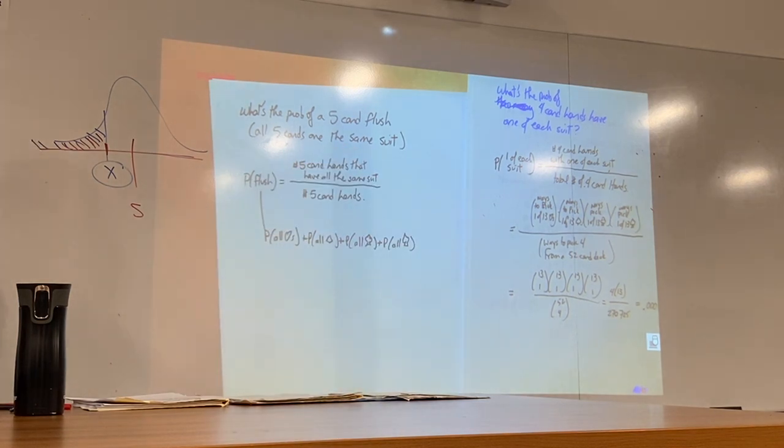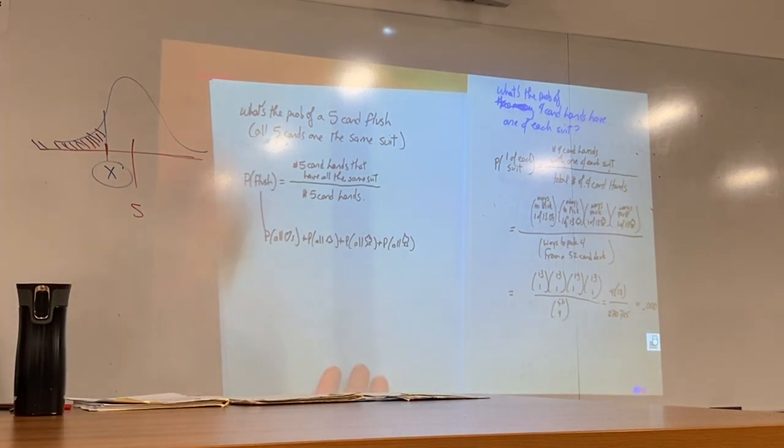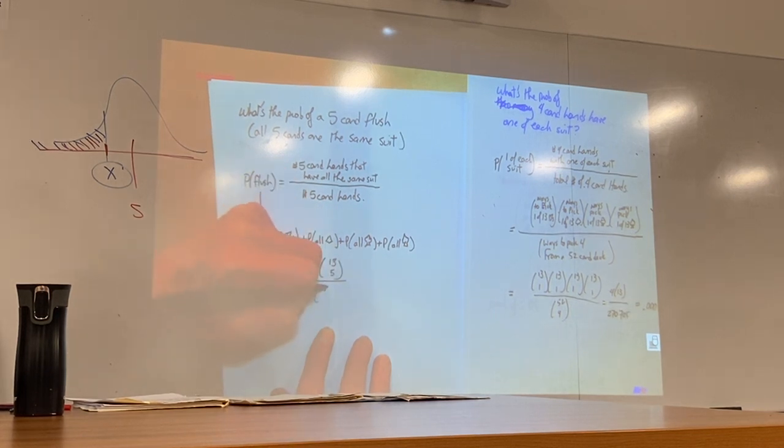So that's where that 4 times is coming from, right? So this whole thing becomes equal to 4 times, to pick the suit there, 13 choose 5 divided by 52 choose 5. You see what I mean?